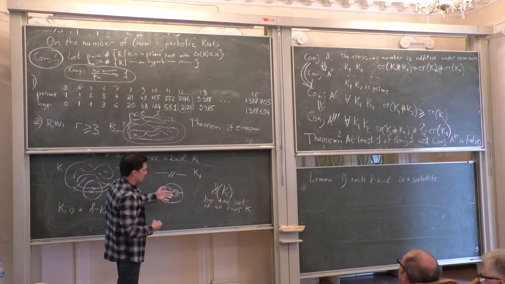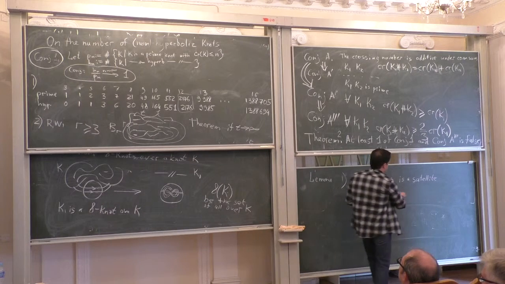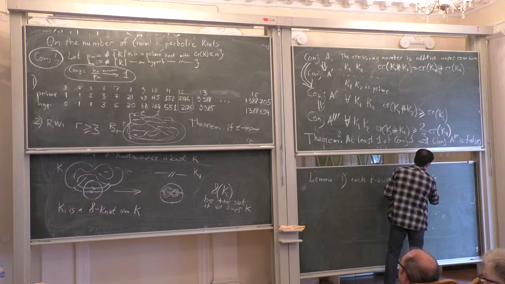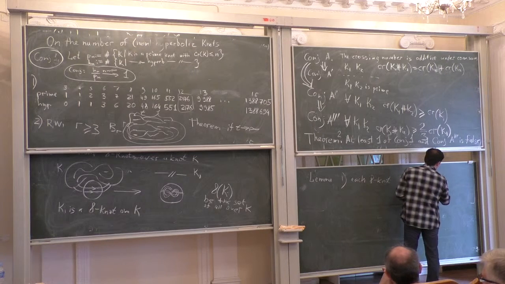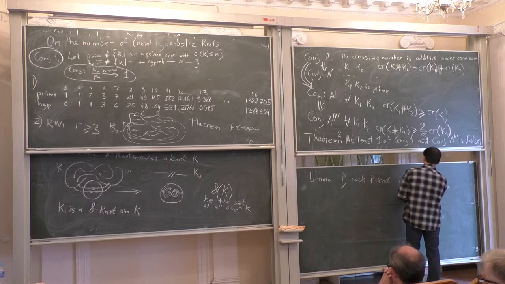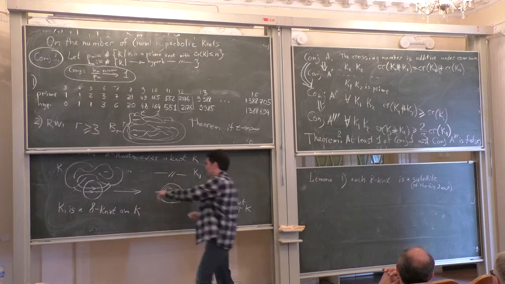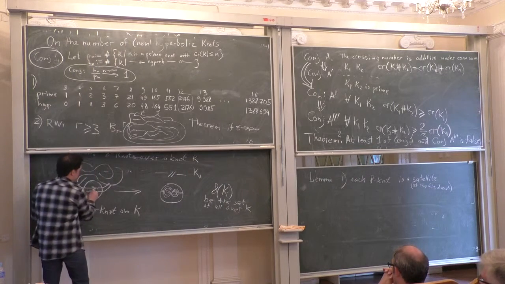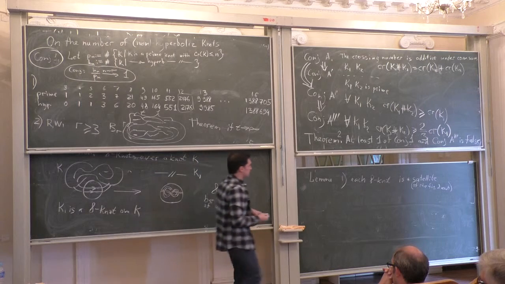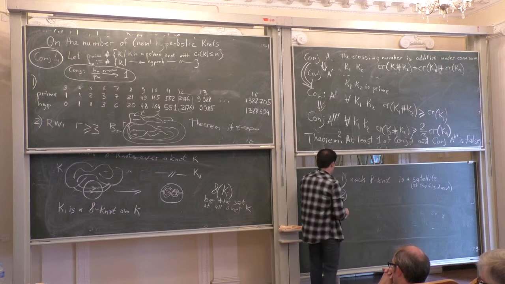So each figure 8 knot is a satellite of the figure 8 knot. Because we have this orientation, the winding number is 2.